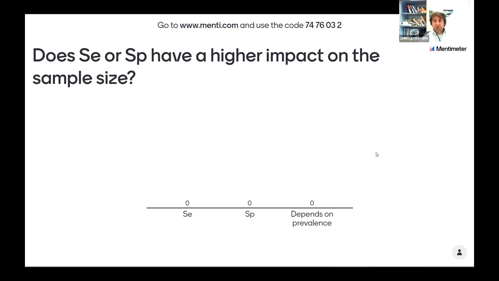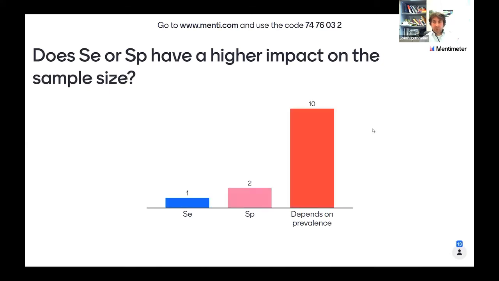The second question is, does sensitivity or specificity have a higher impact on the sample size? All people who have listened to Maria quite well say it depends on the prevalence.